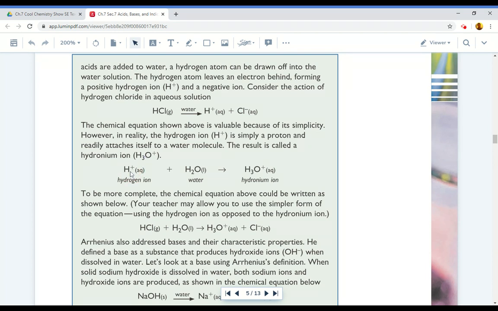So you have your hydrogen ion plus water, and the product is the hydronium ion. To be more complete, the chemical equation above could be written as shown below. Your teacher may allow you to use the simpler form of the equation using the hydrogen ion as opposed to the hydronium ion.